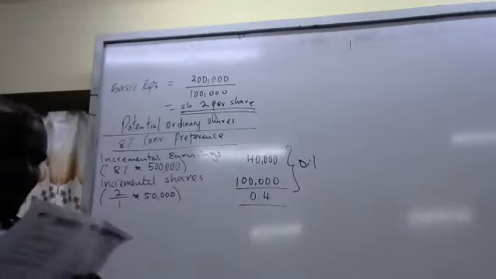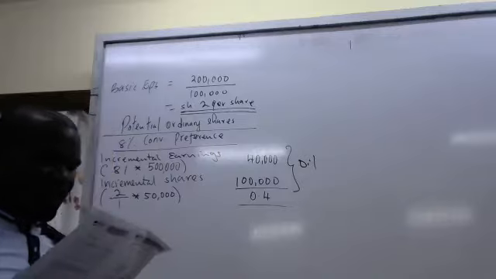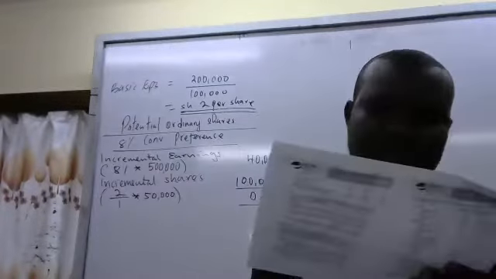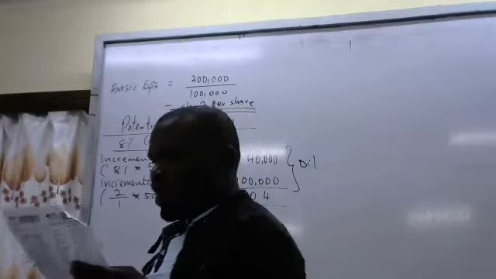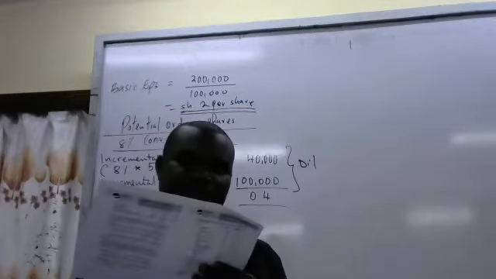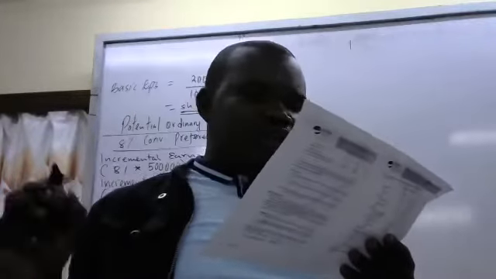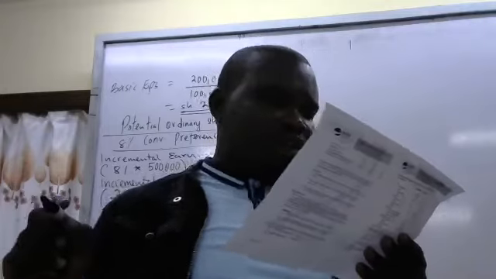Further, there are 25 million share options outstanding as at 31st of October 2014, which were originally issued on 1st November 2010. One share option entitles the holder to purchase how many ordinary? 2.